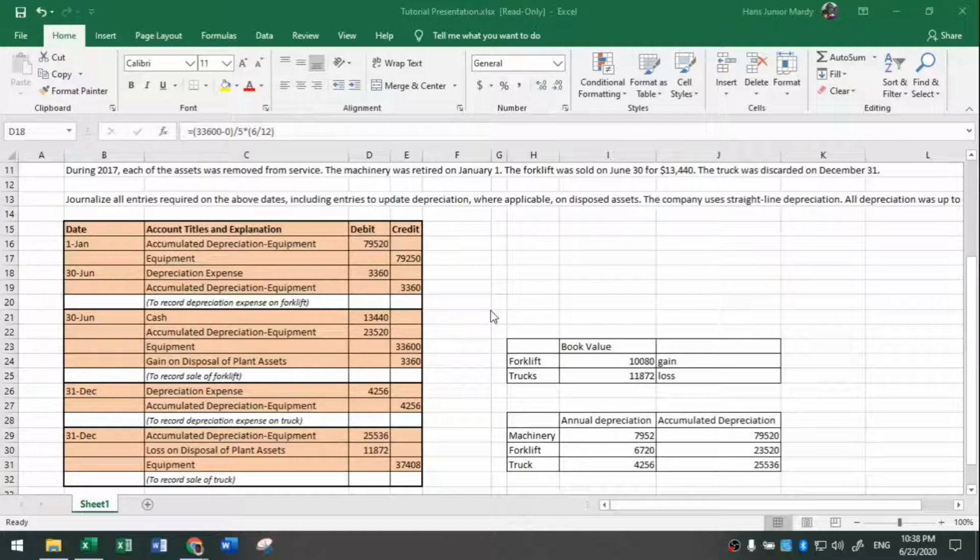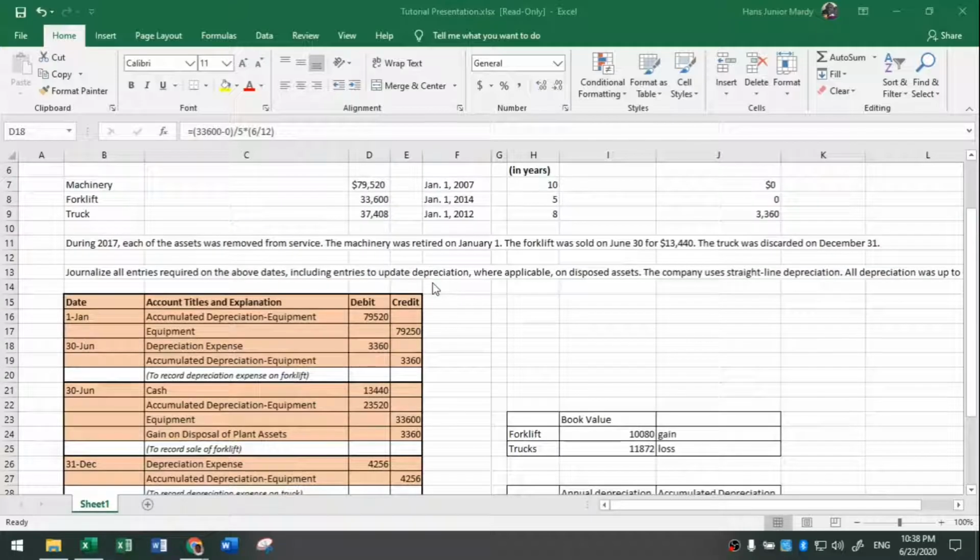For the second one, which is the forklift, we record the depreciation expense on the forklift. Since the forklift was sold in the middle of the year, in June, the annual depreciation has to be divided by 2.